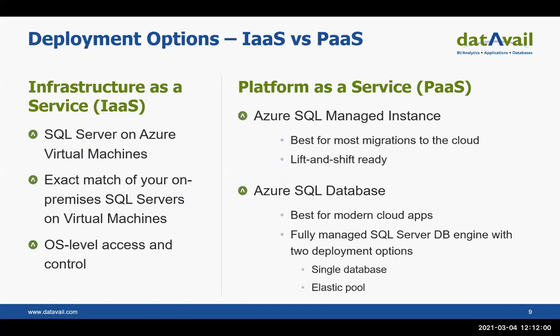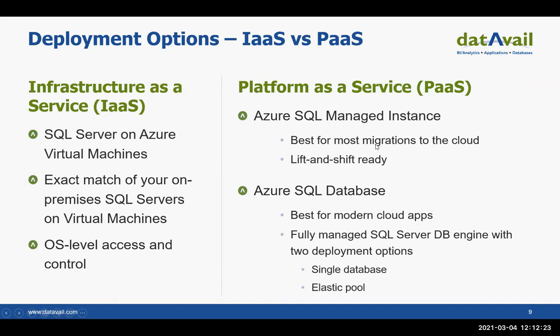Remember, with infrastructure as a service, SQL Server is basically on Azure VMs. They are the exact match of what you have for your on-premises SQL Server instances on virtual machines. You're going to have OS access and also control. Again, this is infrastructure as a service.